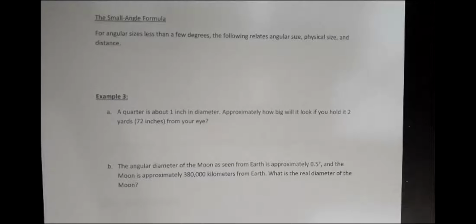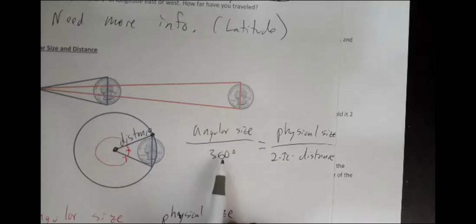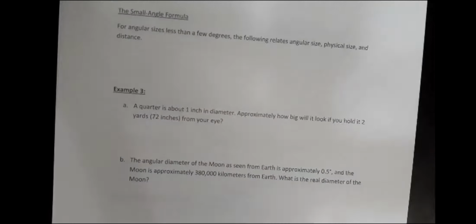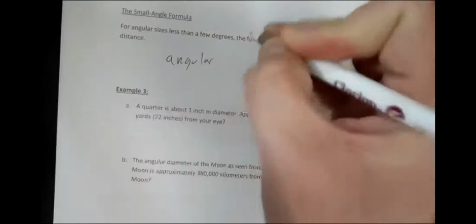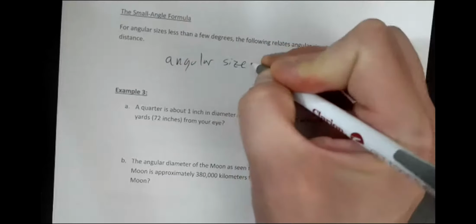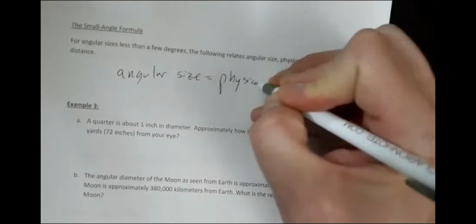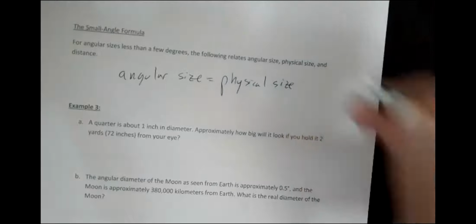We're kind of squeezing things in where they don't go. The book does a little bit of rearranging. So if we take this previous formula and we solve for angular size, we're going to be multiplying by 360. So they solved this formula for angular size. We're just taking that previous formula. Angular size is going to be equal to physical size, and let me fix that pesky thing on my phone.